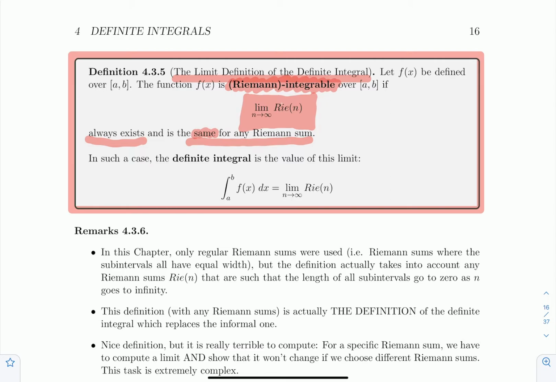All right, so that's the definition. You're using Riemann sums, you're letting n go to infinity. For any Riemann sum, it always gives you the same number. That's going to be the value of the definite integral for the function f of x over the interval [a, b].